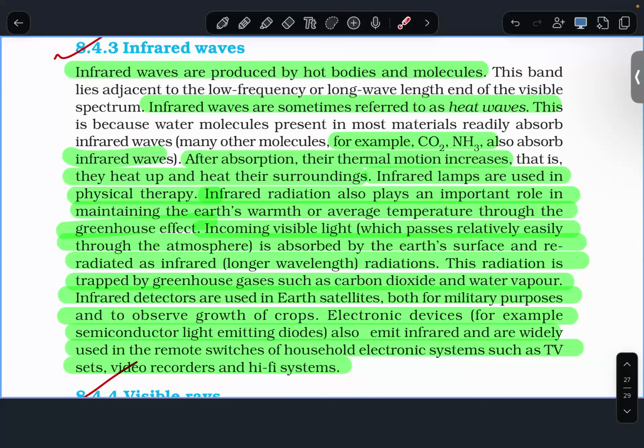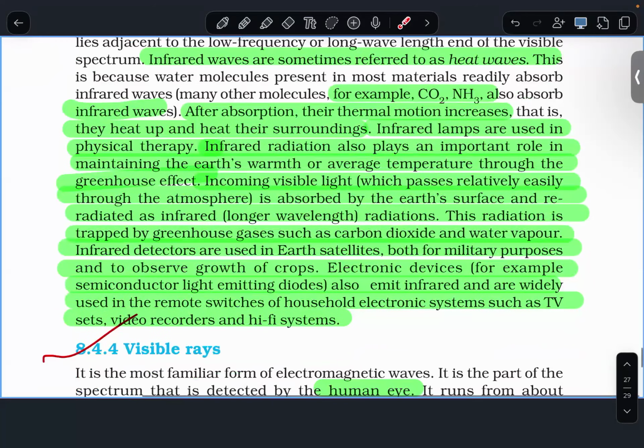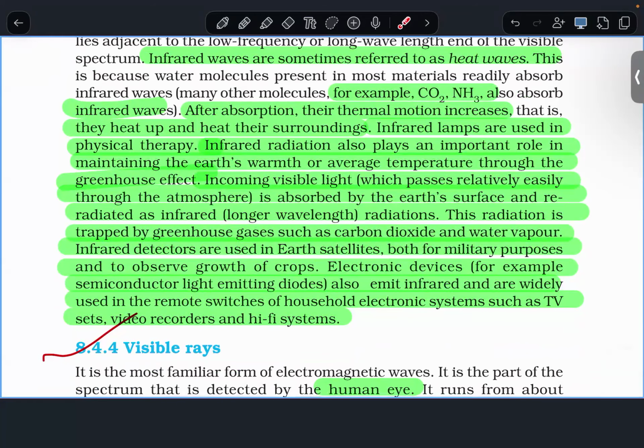Electronic devices, I just mentioned, use LEDs. Your remote has an infrared LED in the front part through which you communicate with your TV. Video recorders and hi-fi systems also have the same. They work in the infrared range.